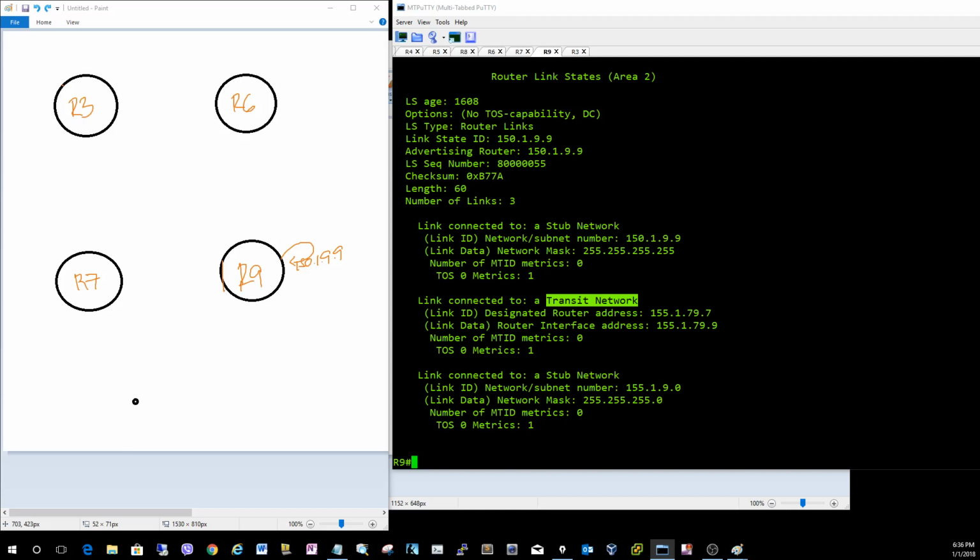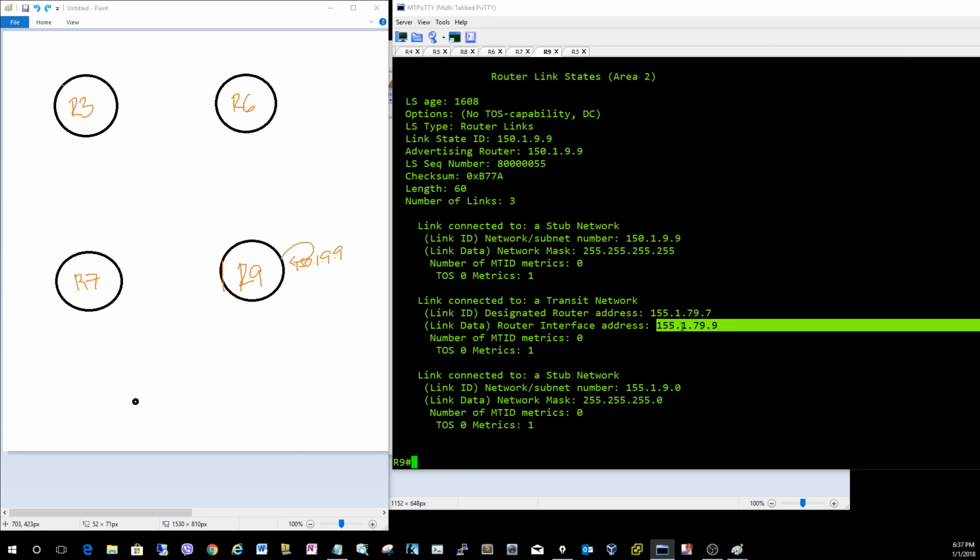Next, we have this transit network. A transit network is a good thing because it means it's a segment where you actually have a peer. Here it says that the designated router address is 155.1.79.7, and the router interface address is 155.1.79.9.